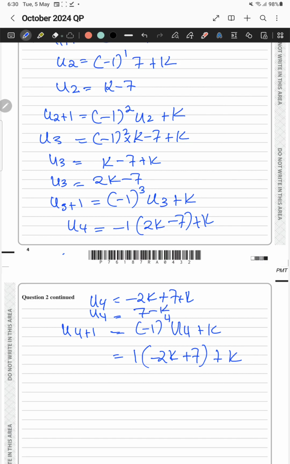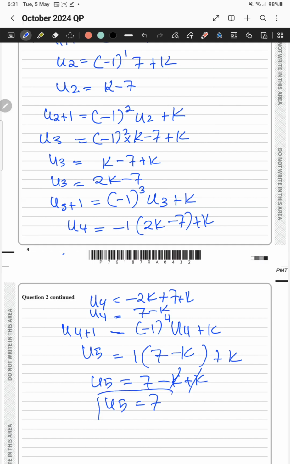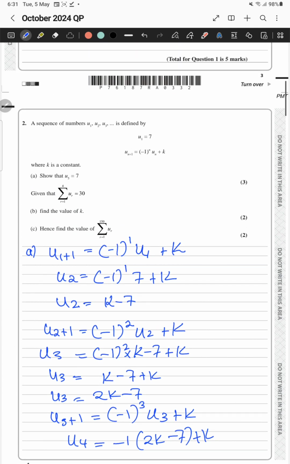Here is going to be 7 minus k, the u4 over here. Sorry, my bad, I just forgot the plus k that was attached to it. Now this one is going to be 7 minus k plus k. This and this cancel out. This is u5, and u5 is going to be 7, as I've shown.